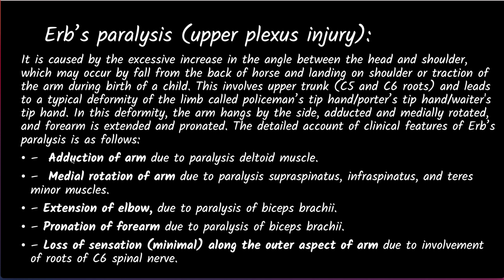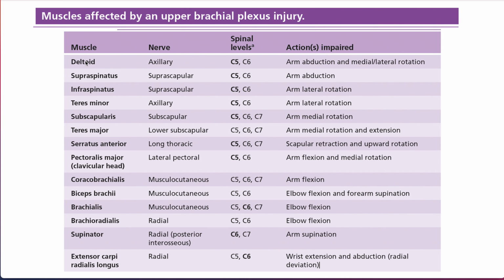And you can see only this format: an adducted, medially rotated, extended and pronated arm by the body, and that explains the presentation. This is the classic, and you are expected to be engaged with this and with the reasons why it happens. Now I am showing you the list of the muscles, which nerve supplies them, what the root values are, and what actions they normally perform.